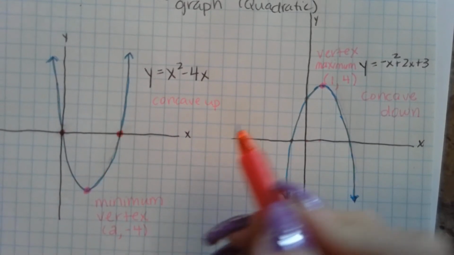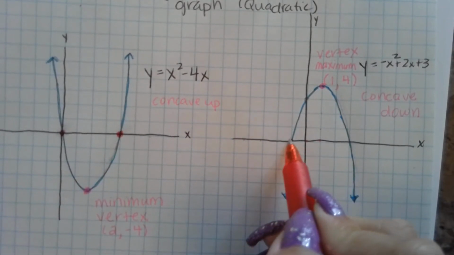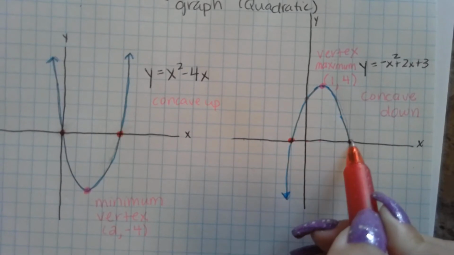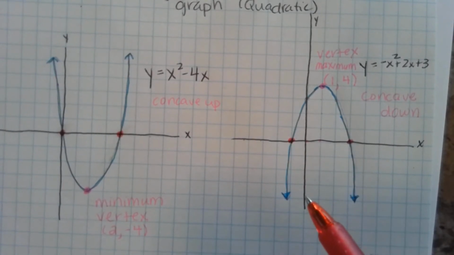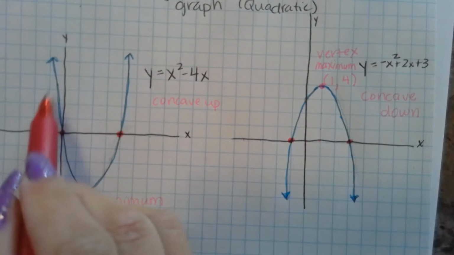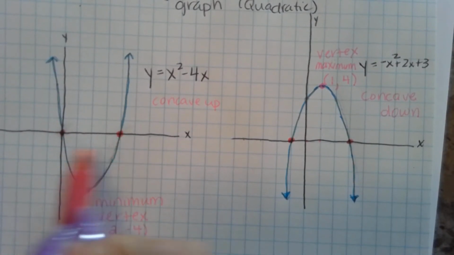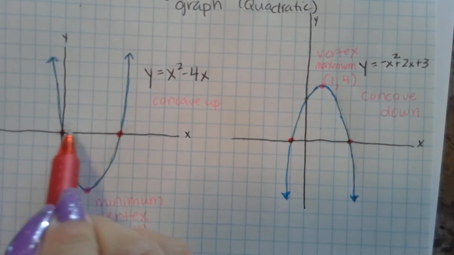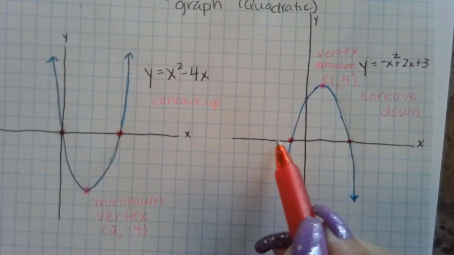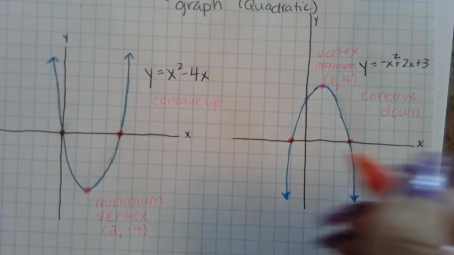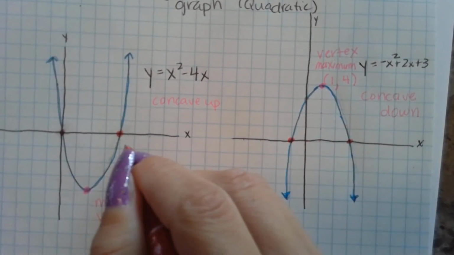Okay, same here. I'm on my x-axis. Oh, it hits here and here. Okay, nowhere else is it going to be. If we follow our x-axis, it hits here and here, and if we followed our x-axis, it hits here and here. And these are our roots.